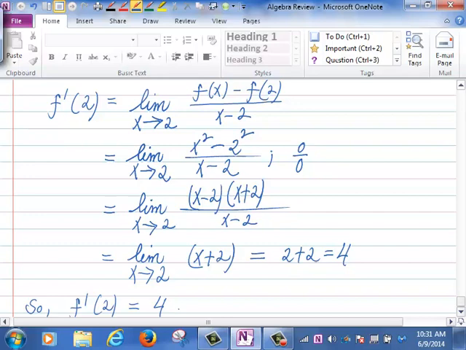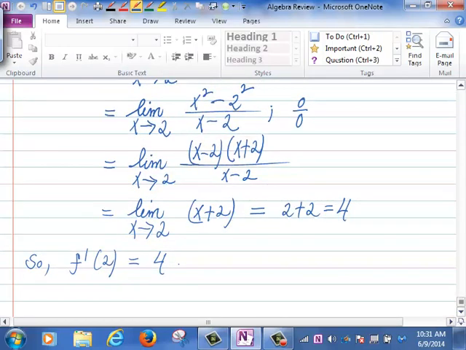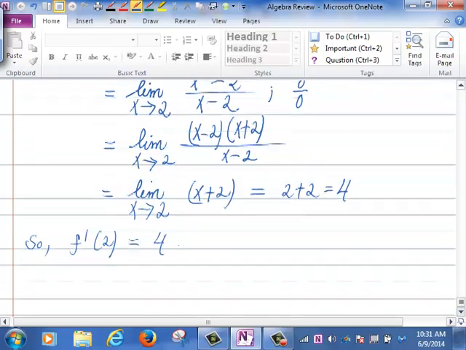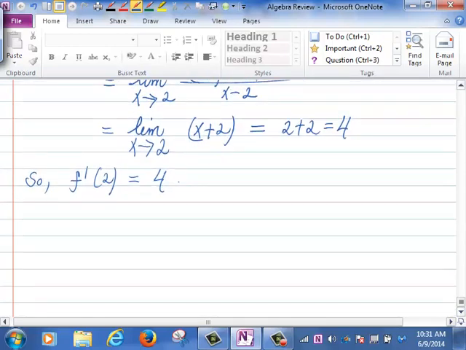Okay, so what I want to do is apply, still, I have the same function and the same point 2, but I want to compute. So redo the same problem. Okay, but now I want to apply the other form of the limit definition, which is the limit as h goes to 0.